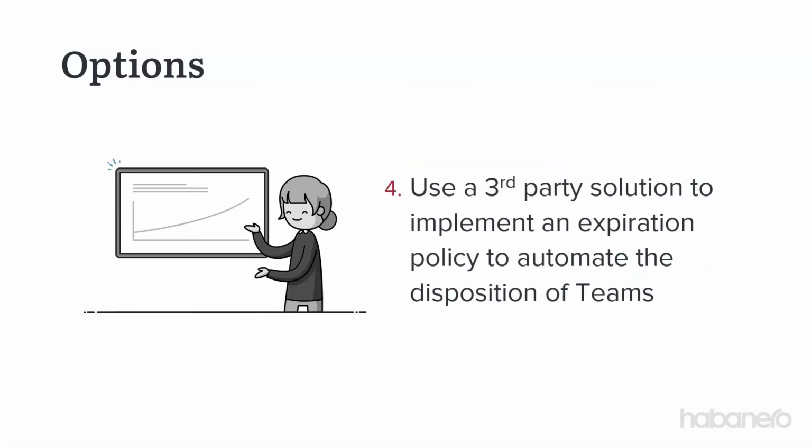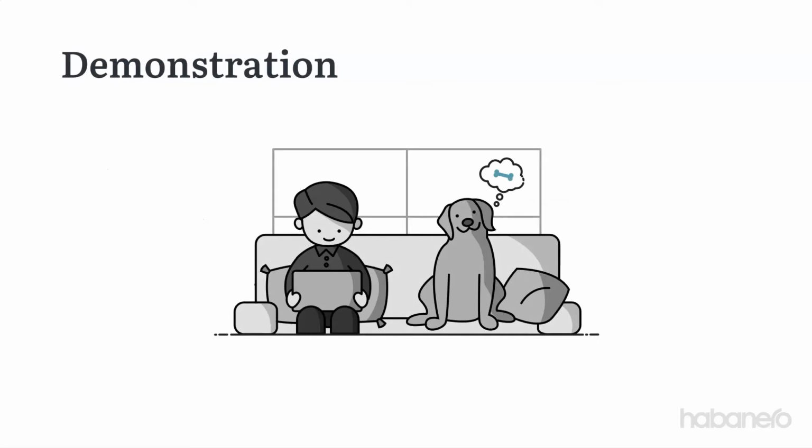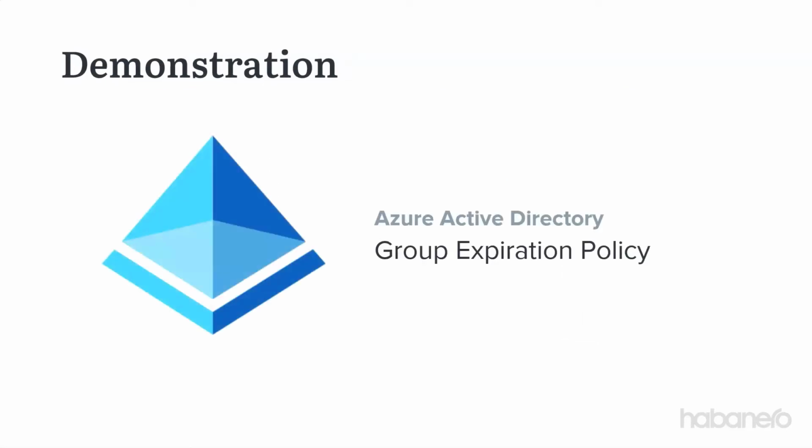This is use a third-party solution to implement an expiration policy, again, to automate the disposition of teams. Some of these third-party solutions are great. They expand on everything that Microsoft is trying to do and more. They can support organizations that have more complex requirements.